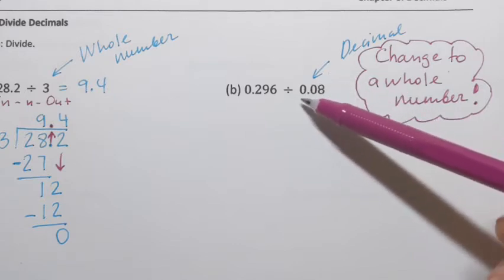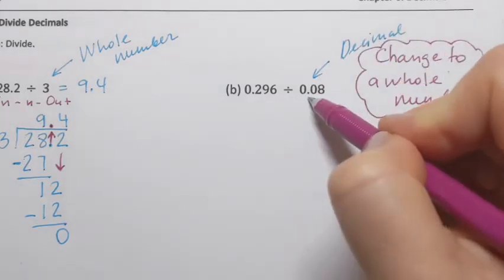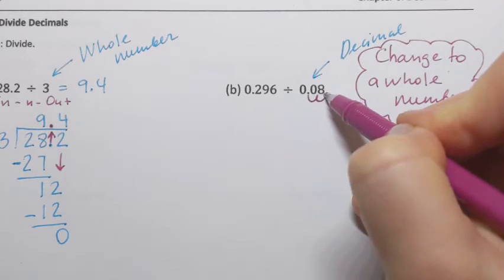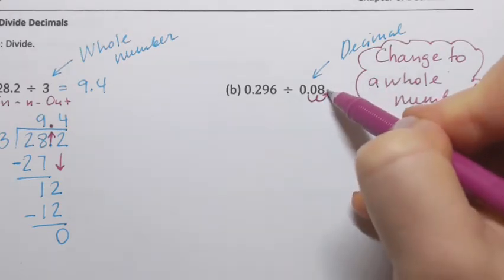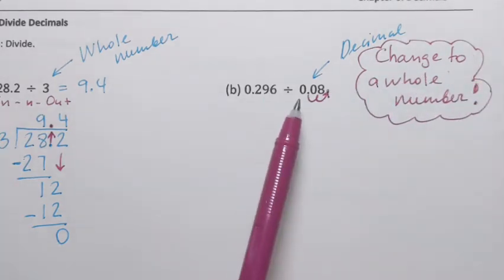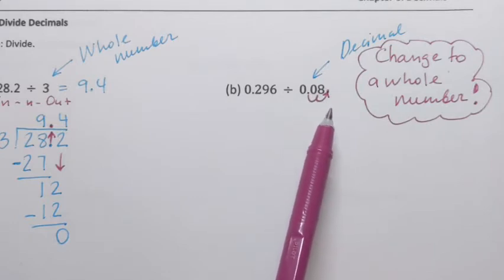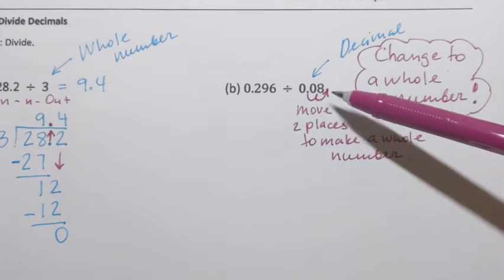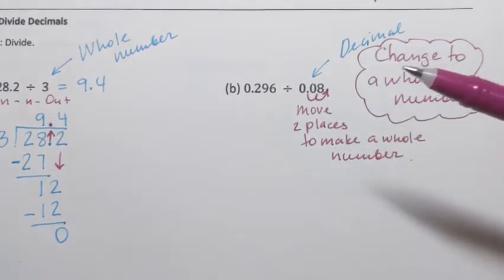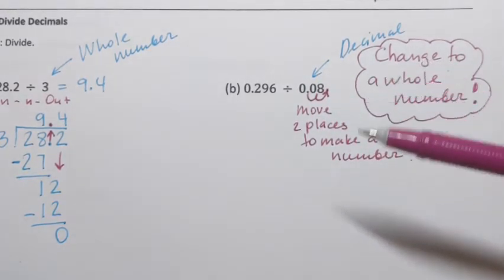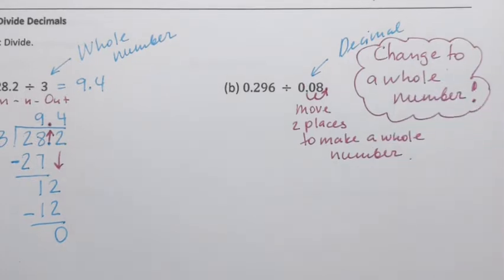I have to move it 1, 2 places to the right and place it after 8. Then what I'm looking at is just 8, not 0.08 anymore, right? So now we're going to be dividing by 8 instead of 0.08. And that's what we wanted.